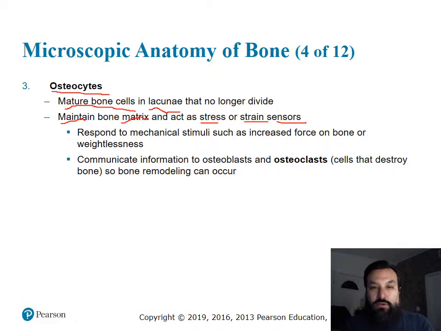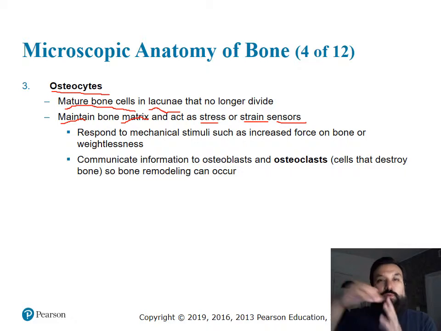When we talk about stress, we think more negatively, but this is a natural occurrence. When we apply force from our weight and from different types of movement, creating force on the bone, there are certain parts of the bone that feel the actual stress. Stress points. Osteocytes respond to those stress sites.